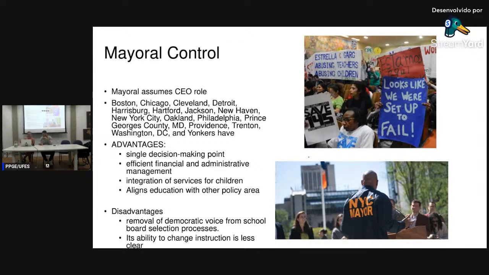And often it's the governor of the state that takes over the school board and puts the mayor in control. So it's actually at the state level that they say, you school districts are not doing your job, so we're going to take away the school board and put the mayor in charge. Okay. It's the governor.